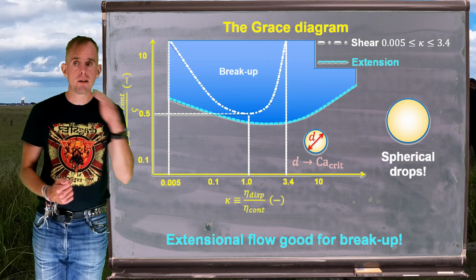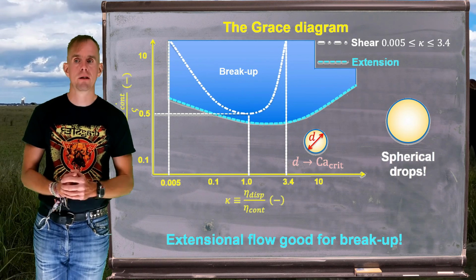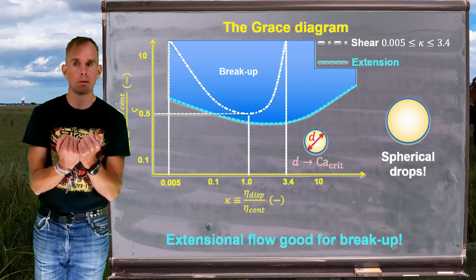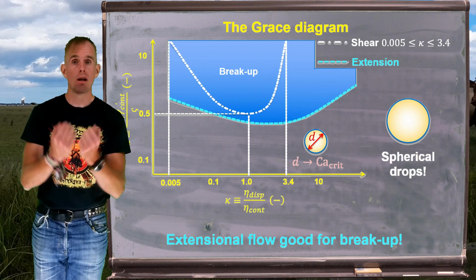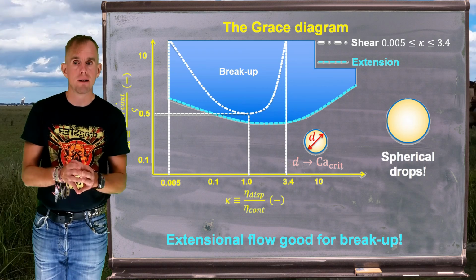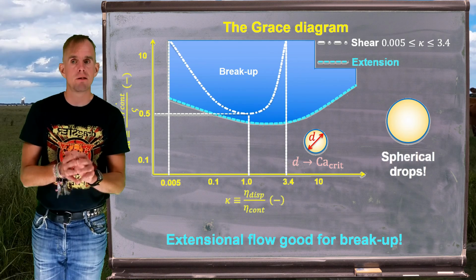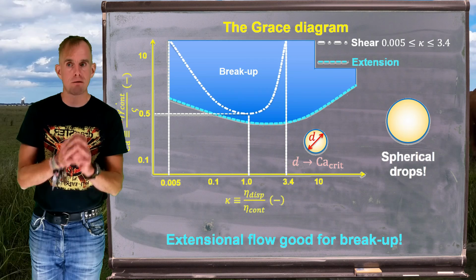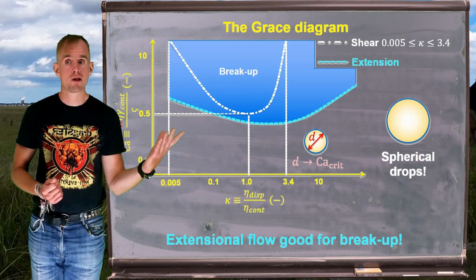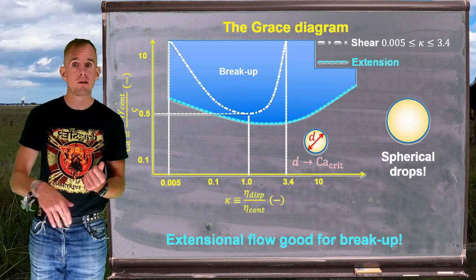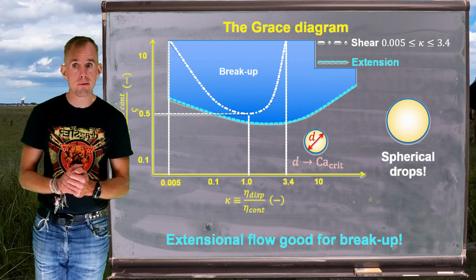Now, underneath these critical capillary number curves, in the region at lower capillary number below either the white chain dashed line or the blue dotted line, you end up with droplets of a diameter which is governed by that critical capillary number. So if we take, for example, a viscosity ratio kappa of 1, we see the critical capillary number is 0.5.